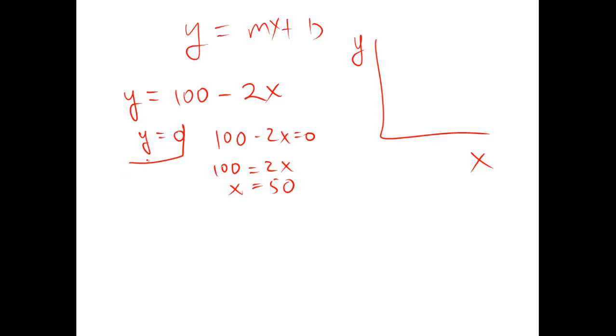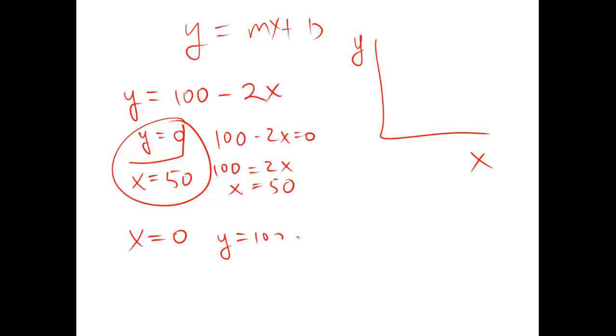So that tells us that when y is equal to 0, x is equal to 50. These two go together. On the other hand, what about when x equals 0? Well then, y equals 100 minus 2 times 0, so y just equals 100.